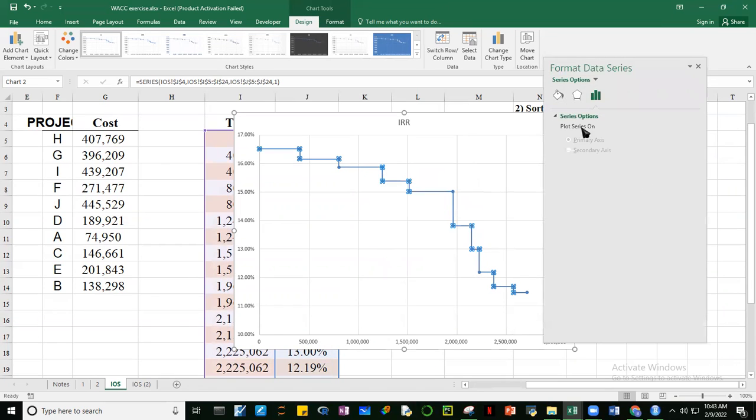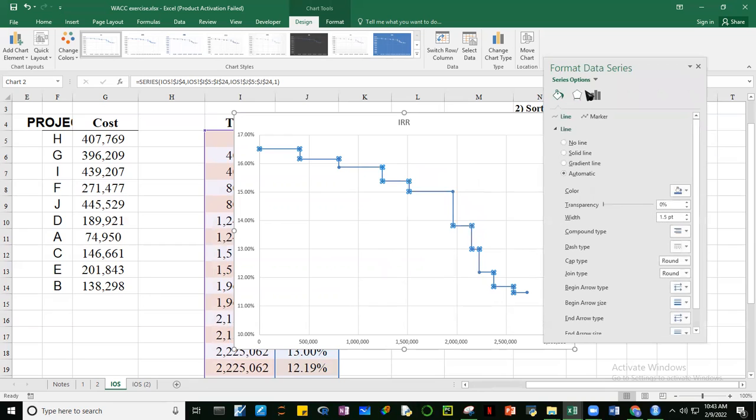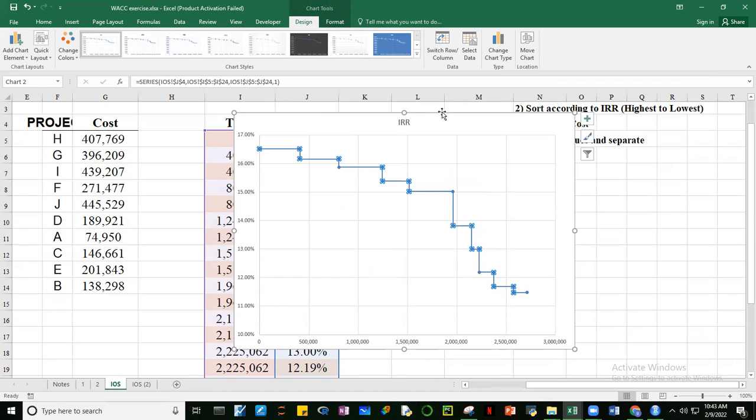Format data series, and then dito yan. Dapat yung marker yun. Okay, ayaw. Never mind that.